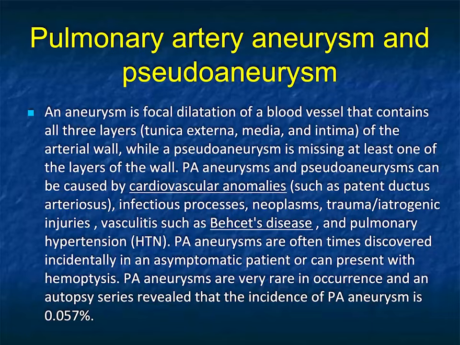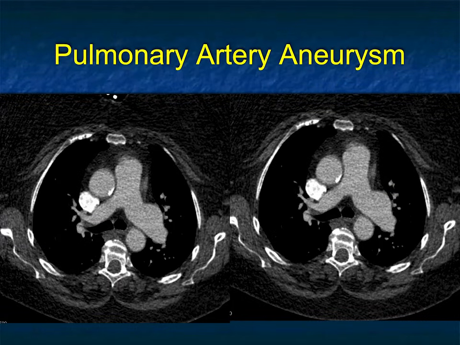There can be cardiovascular anomalies such as PDA, can be infectious processes, neoplasm, trauma, and even vasculitis, as well as pulmonary hypertension. Pulmonary artery aneurysms are often discovered incidentally, but can present as hemoptysis or can present as rupture. It's rare, but again, as we said at the beginning, it's an important diagnosis.